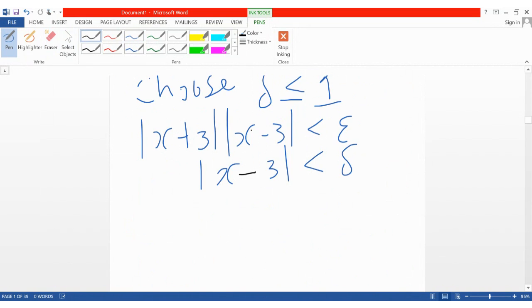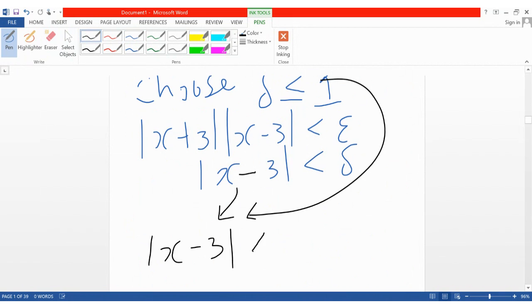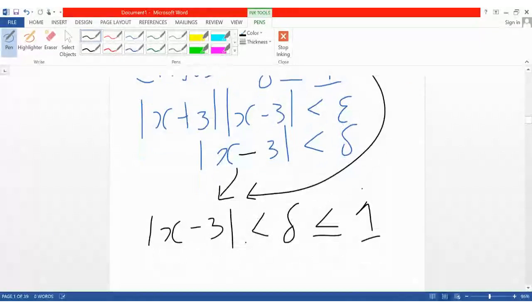I've introduced something, so I can say that now the magnitude of x minus 3 is less than delta. But again, our delta is still less than or equal to 1. The magnitude of x minus 3 is less than delta, but again, I said my delta is less than or equal to 1.